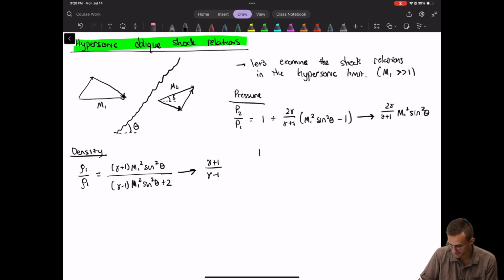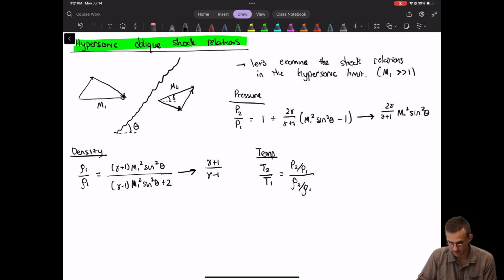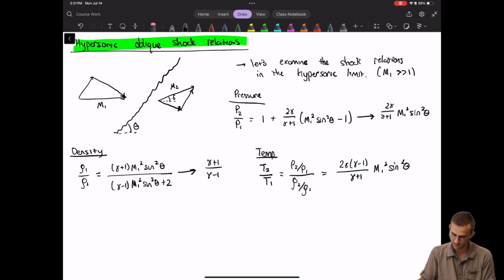The temperature case, we have T2 over T1. We can rewrite this as P2 over P1 divided by rho 2 over rho 1, using the ideal gas law equation of state, and you end up with 2 gamma over gamma minus 1 divided by the quantity gamma plus 1 times M1 squared sine squared theta. Okay? So here are these 3 things in the hypersonic limit.